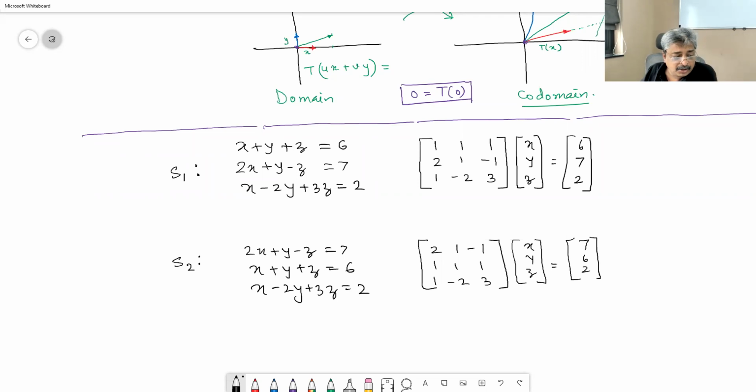We should write the definition of equivalent systems.